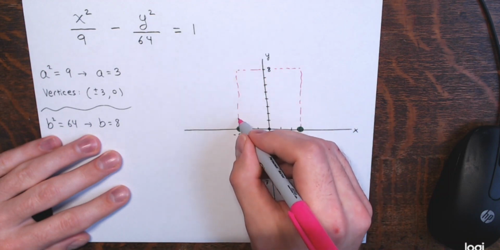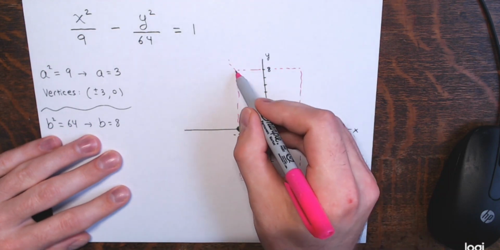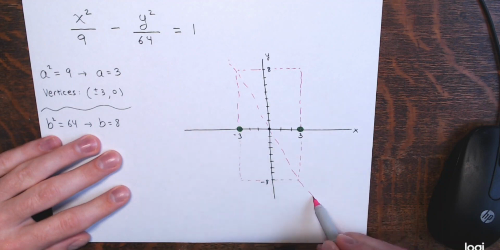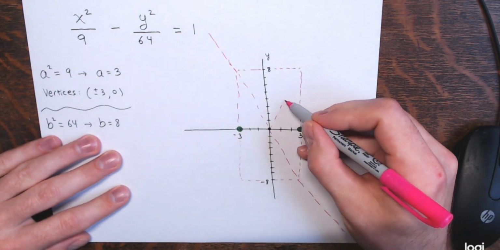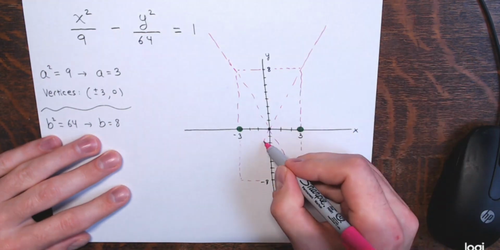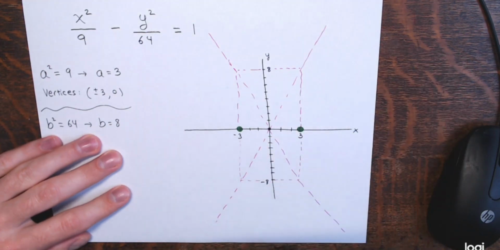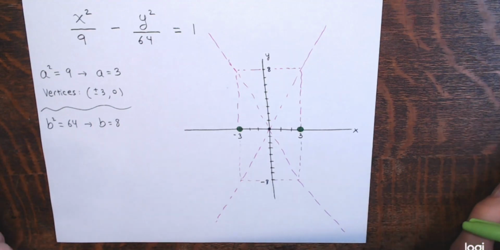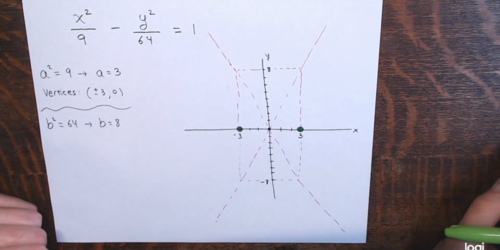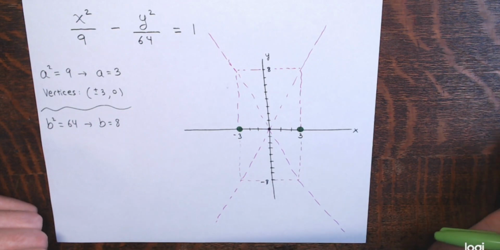All right, and through the corners of these boxes in the center should be the asymptotes. This is a bad hand drawing, I'm sorry. There's one asymptote, and then here's the other one. Again, through the center, through the corners of this box that you form. And then once you have the little box there and the asymptotes and the vertices, you should be able to make a very rough sketch by hand of the hyperbola.